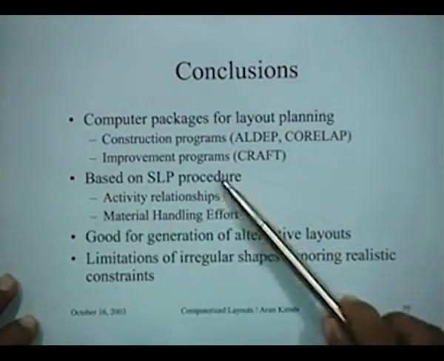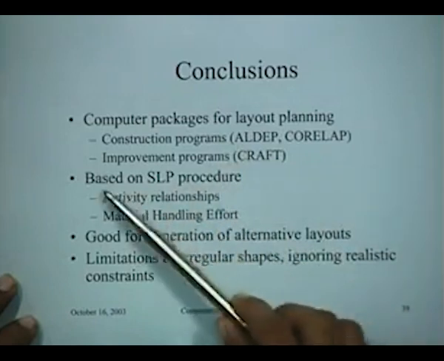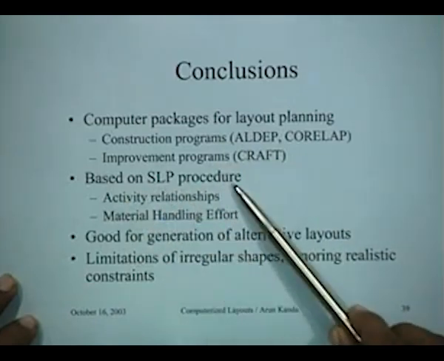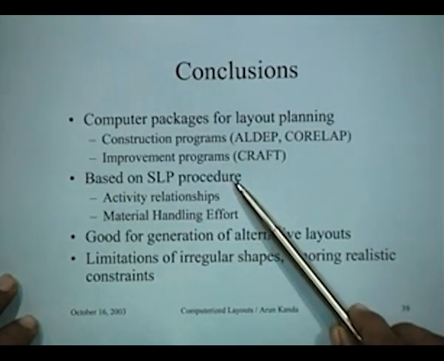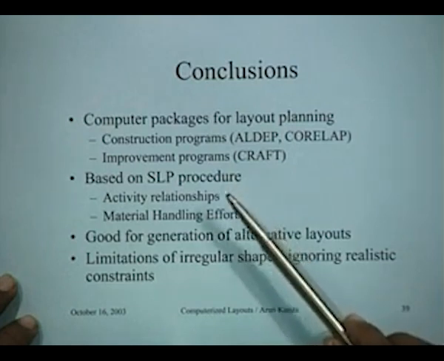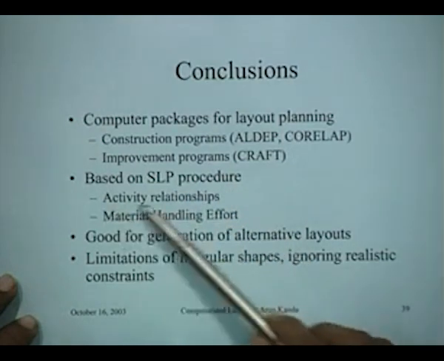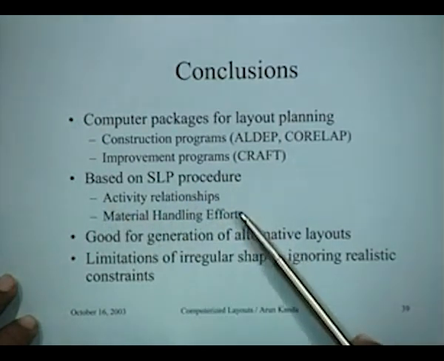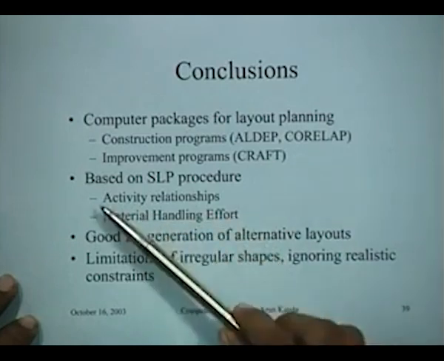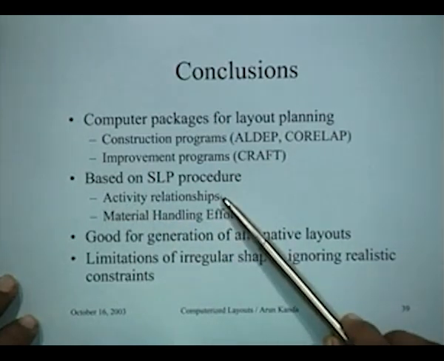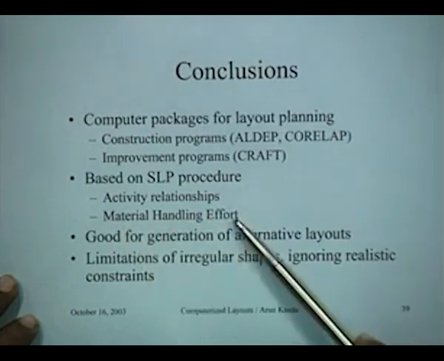Most of these computations or improvements are based on the systematic layout planning procedure of Muther, which we studied in the last lecture. And there were two measures which were commonly specified. One was the activity relationships in the form of AEIOUX, and the other was the material handling effort.